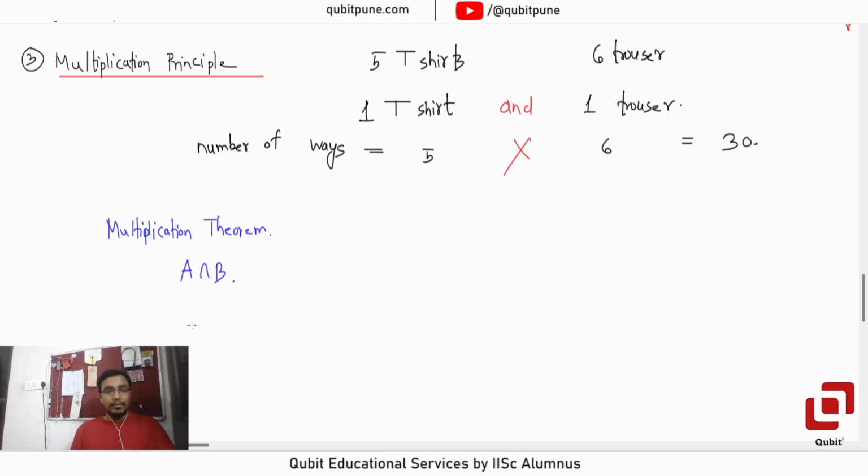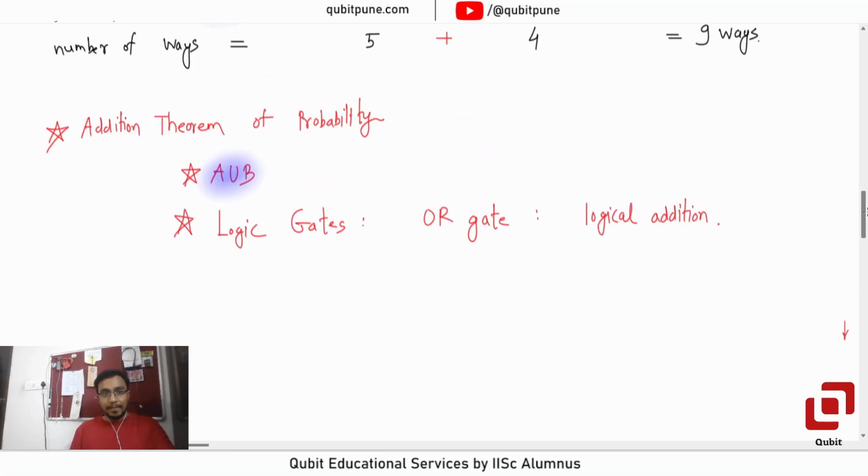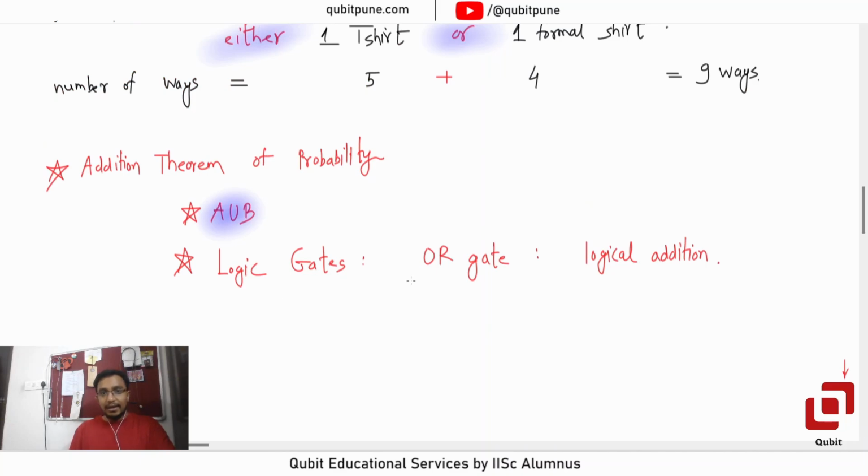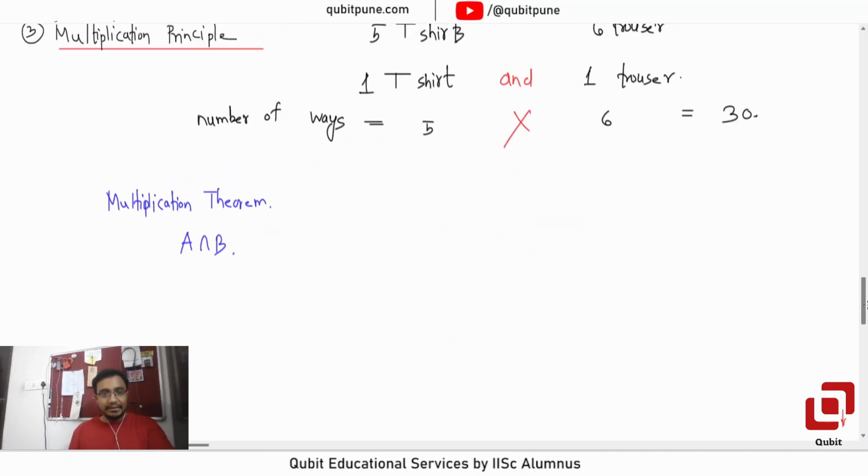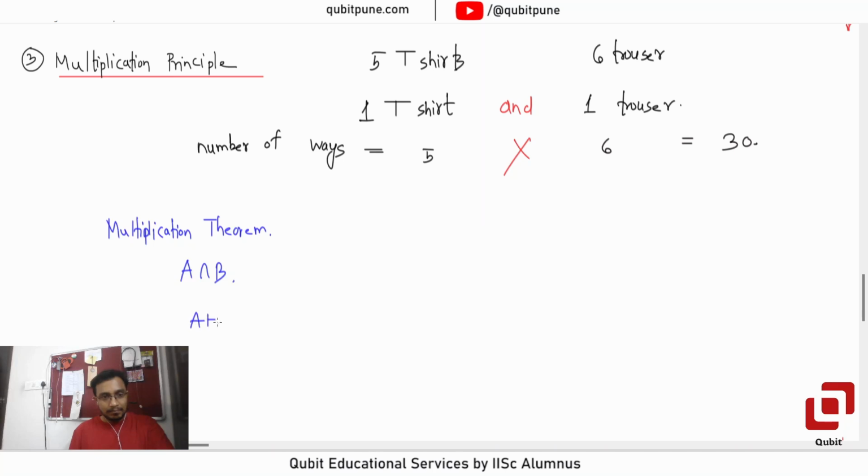And in logic, here we had OR gate and here we have got AND gate, and AND gate implements logical multiplication. Sorry, I should have used blue color here to be consistent with the scheme.